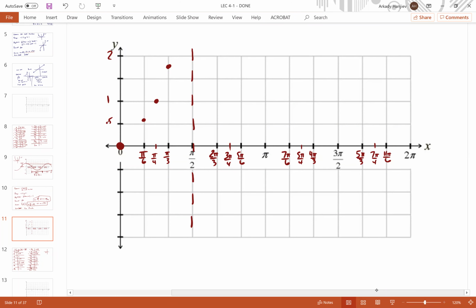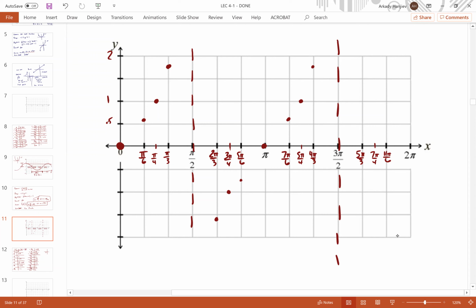So next one is going to be a negative 1.73. This would be a negative 1, negative 0.58, 0. And then it repeats itself. And then there's this little break again on my graph.